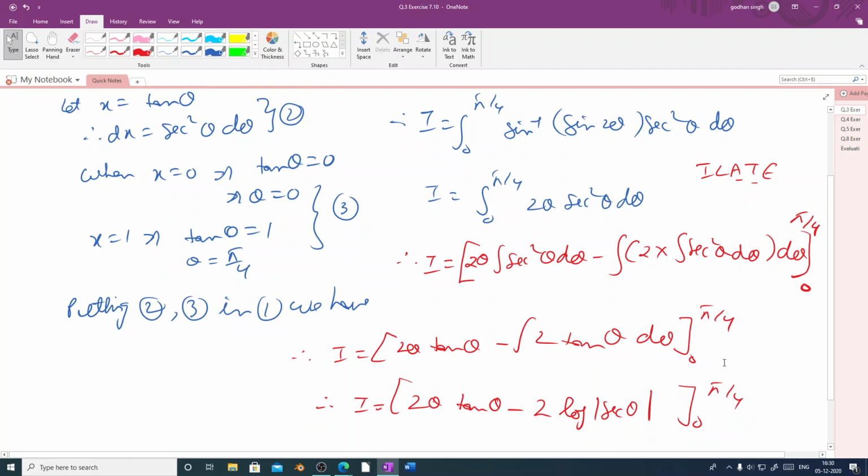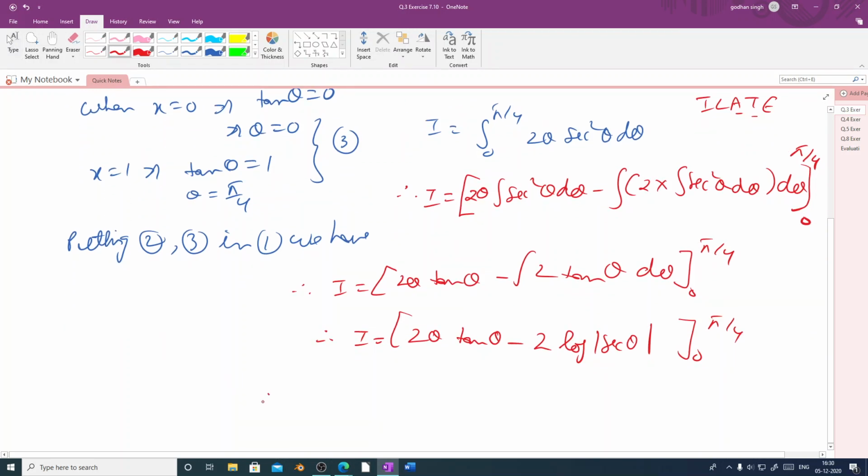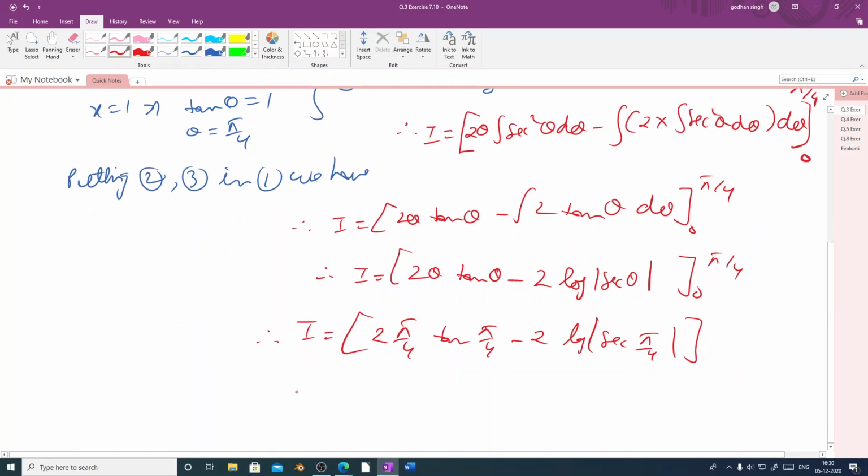Now let's put the values and check what answer we get. Therefore, I equal to 2, our theta is pi by 4, so 2 into pi by 4, and tan pi by 4, minus 2 into log mod sec pi by 4, then we'll put the lower limit in this, and this will give us minus, so putting the value of 0 wherever theta is there, 2 into 0 into tan 0 minus 2 log sec 0.